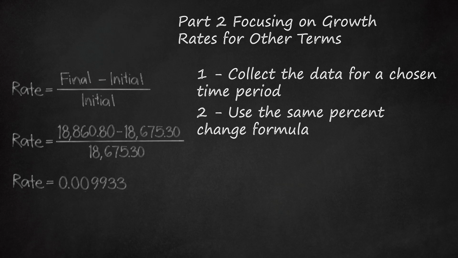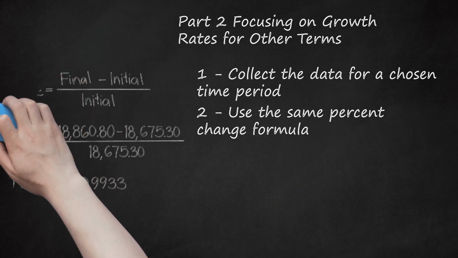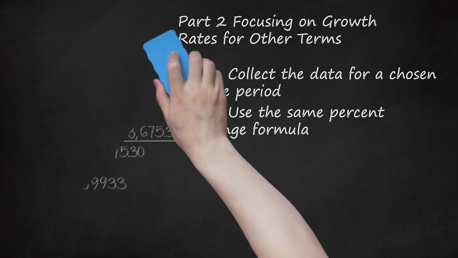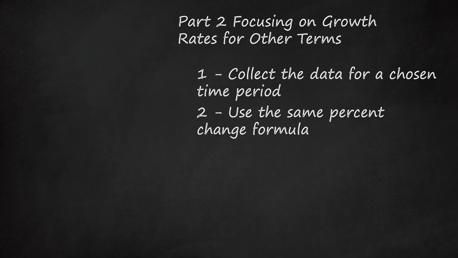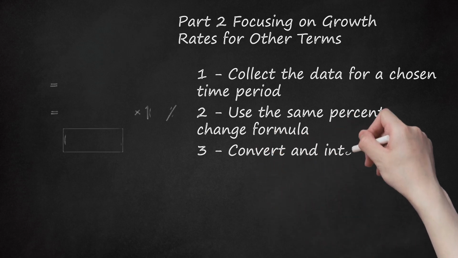Rate equals ($18,860.80 minus $18,675.30) divided by $18,675.30. Rate equals 0.009933. 3. Convert and interpret the result.